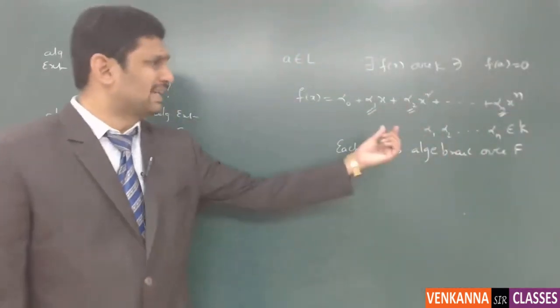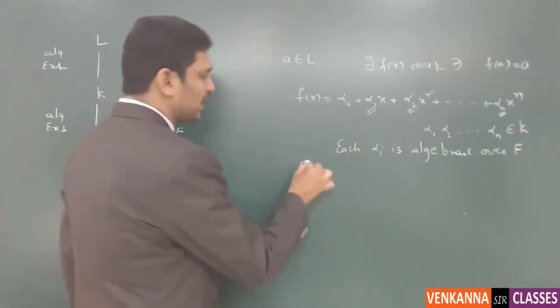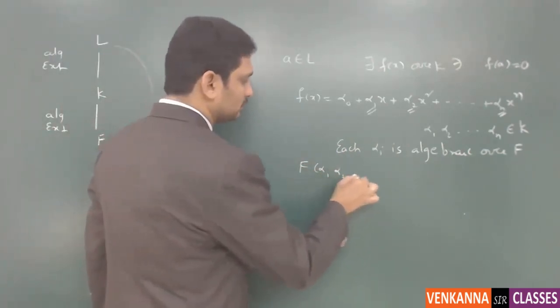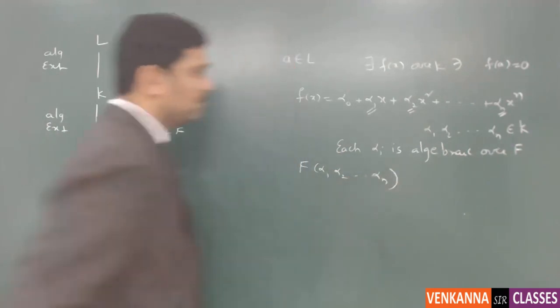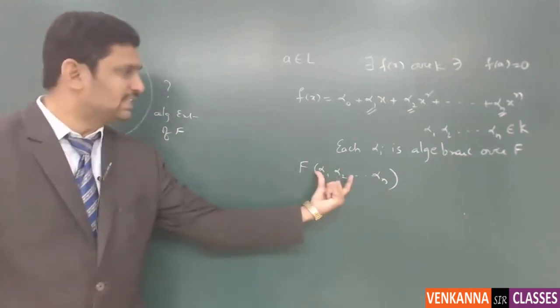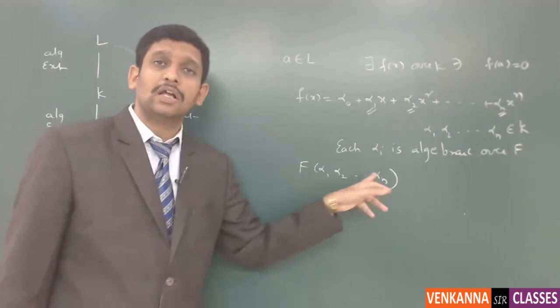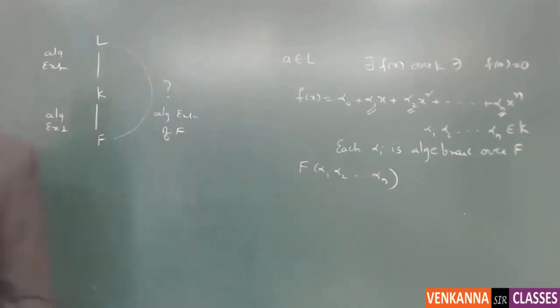So if you collect all these elements together as a set, you give a name, because all these elements are algebraic over F. This set is the algebraic extension of F because it contains all the algebraic elements over F. So for convenience, let us give a name for it.